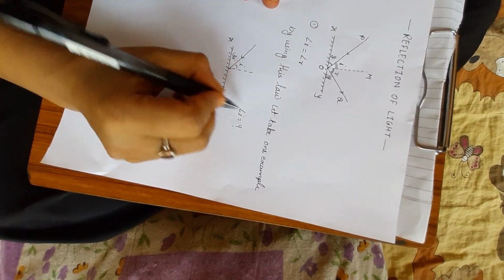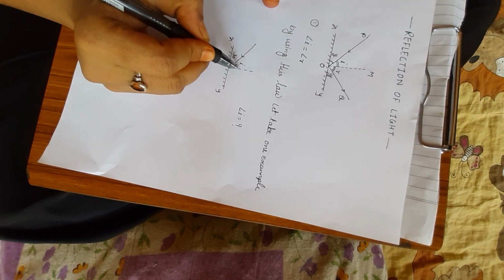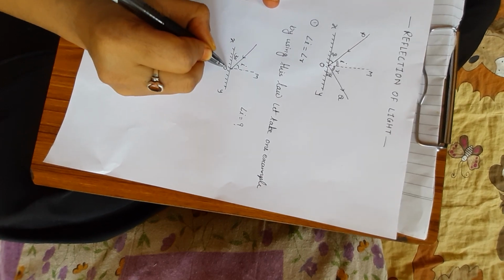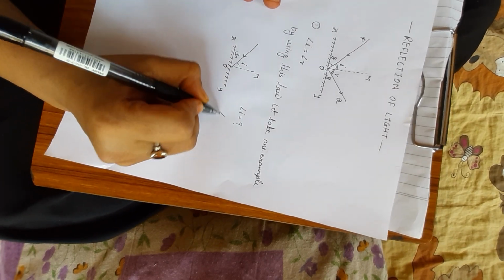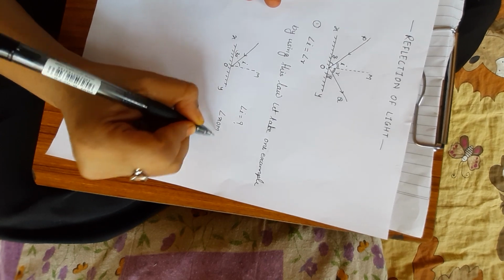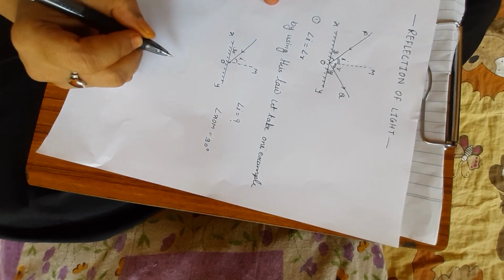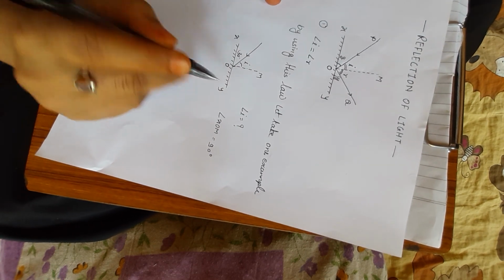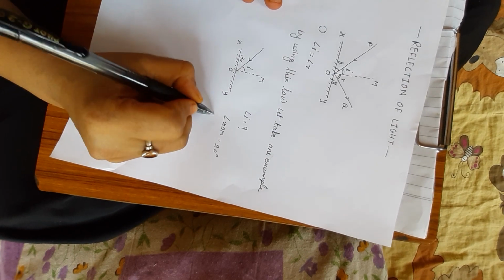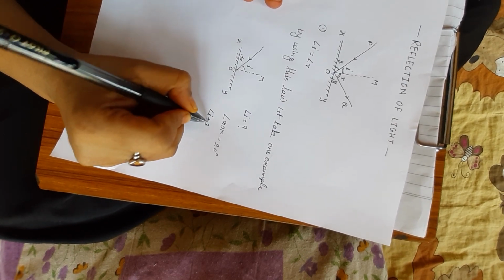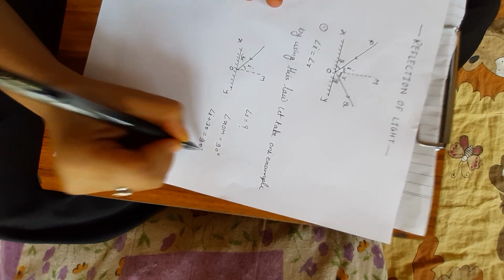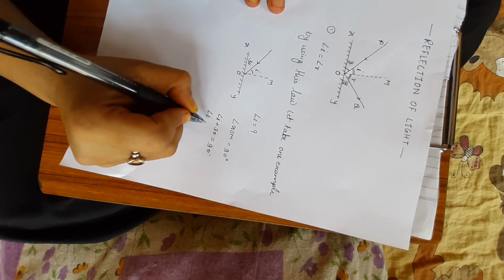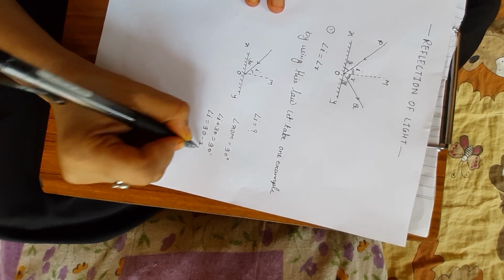Now, as we know, if this is the normal MO, the angle XOM is equal to 90 degrees. Why? Because MO is the normal on this surface. So angle i plus 30 degrees is equal to 90 degrees. So angle i is equal to 90 minus 30.